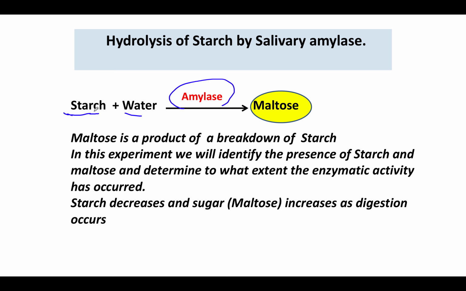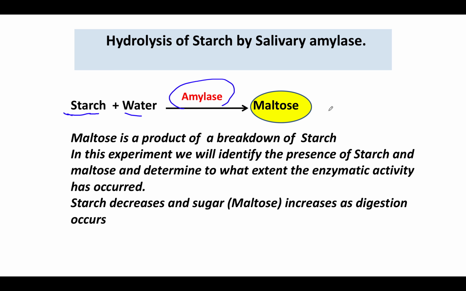If starch is digested by the enzyme amylase, then maltose will be there. If not, then starch will remain as starch. So we'll check for the presence of starch and the presence of maltose, and we'll check if there is digestion, and whether it's complete or incomplete digestion.